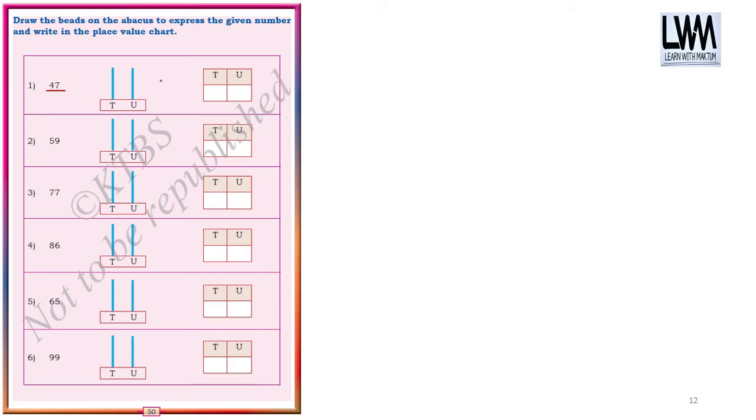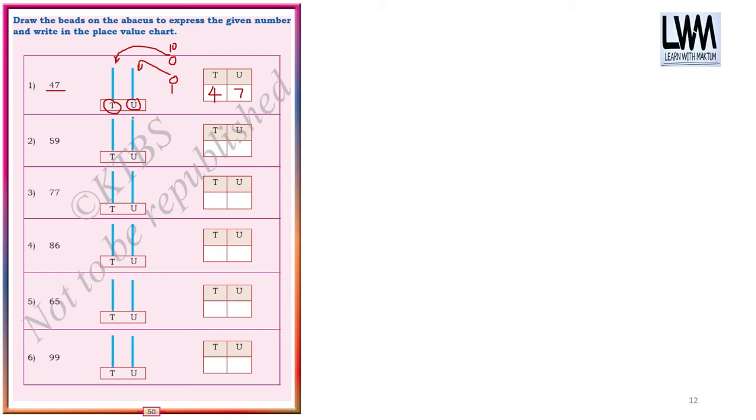So 4 is at tens place, 7 is at units place. According to that, I have to arrange the beads in tens and units now. One bead if I place in the tens place will have a value of 10. If I place one bead in the units place, it will have a value of 1.